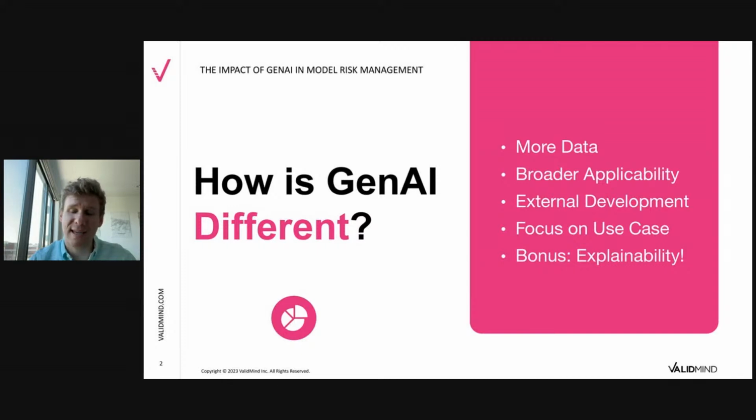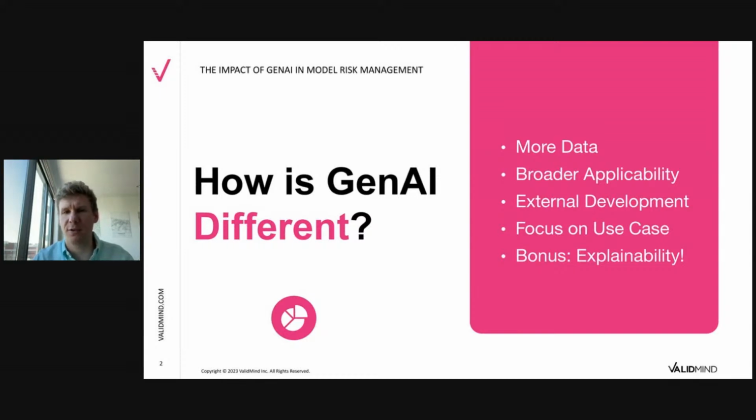And this means that you have to somehow contain or scope the risk as you apply the Gen AI. And this is what I mean when I say you have to focus on the use case, because ultimately your implementation will be an internal implementation of a use case of the Gen AI.